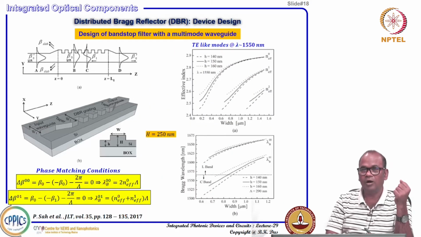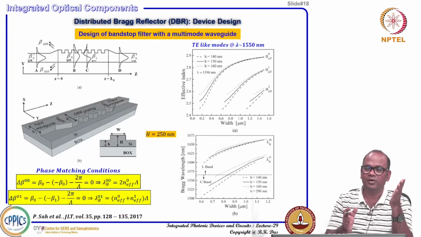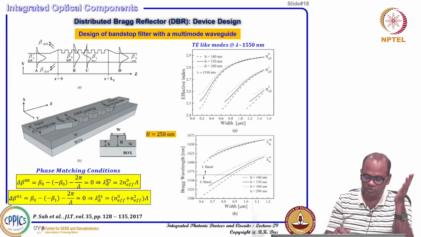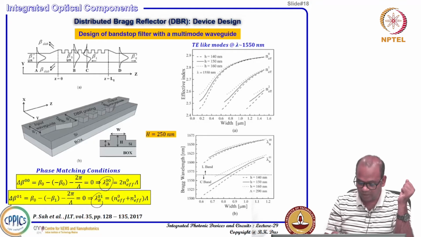Now, how to design this: I want the Bragg wavelength lambda B 0 0 at a certain wavelength, and lambda B 0 1 at a certain wavelength. You remember that if you try to find out which one will be higher, lambda B 0 0 or lambda B 0 1, definitely n effective 0 is greater than n effective 1, we know that.